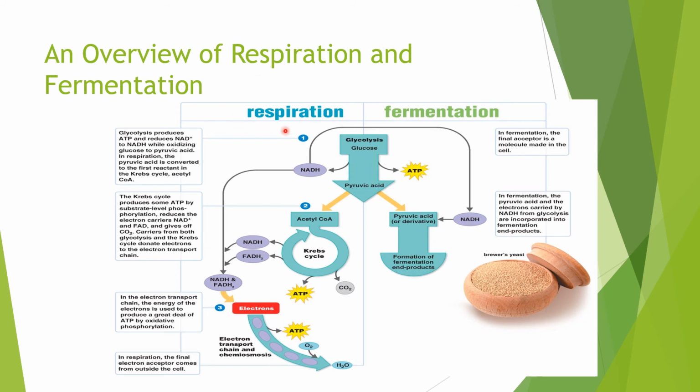Now, aerobic respiration needs lots of oxygen. So when we are not working out and we're just resting, etc., and we have enough oxygen within our system, we still go through glycolysis. We break down glucose, we get 2 ATP, we break it down into pyruvic acid, but then we move on to a second cycle known as the Krebs cycle, or we can call it the citric acid cycle.